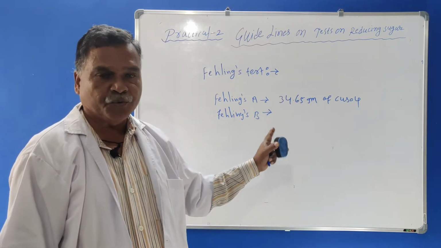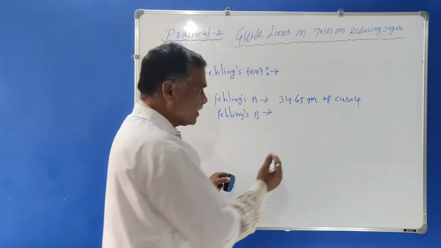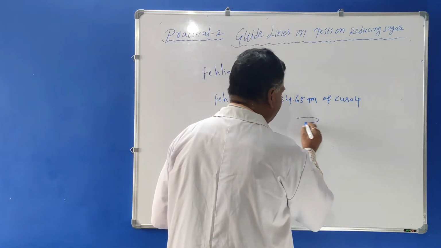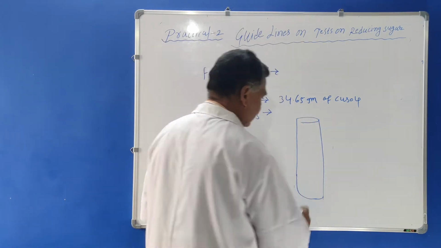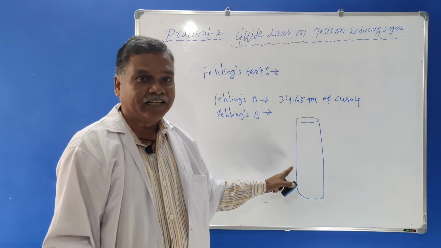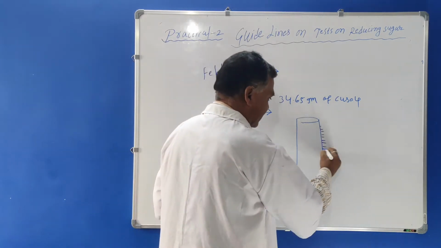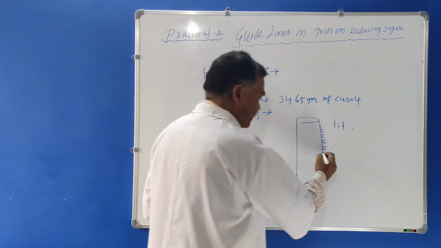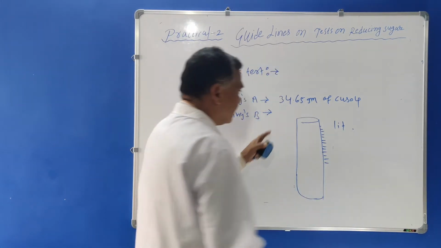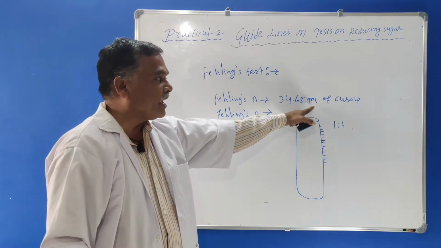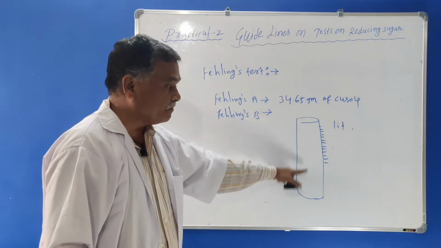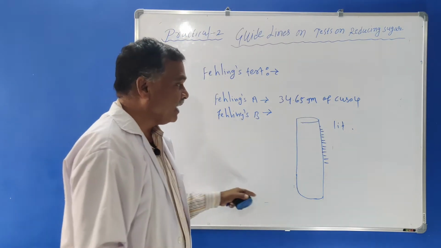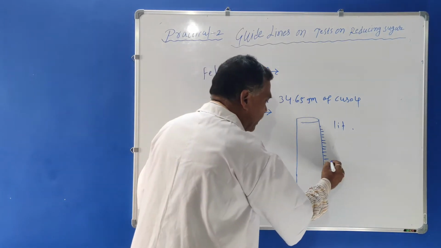How to prepare this solution? We have to take a measuring cylinder. It is a measuring cylinder marked up to 1 liter. So we have to take 34.65 grams of copper sulfate in this measuring cylinder, and it is diluted up to 500 ml.